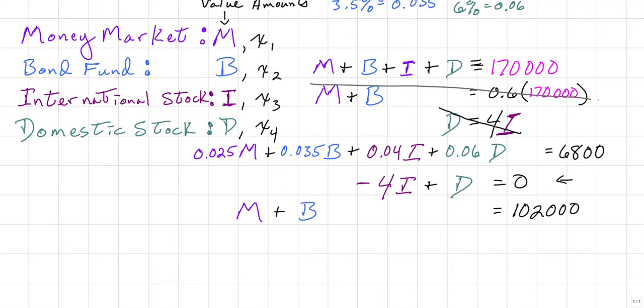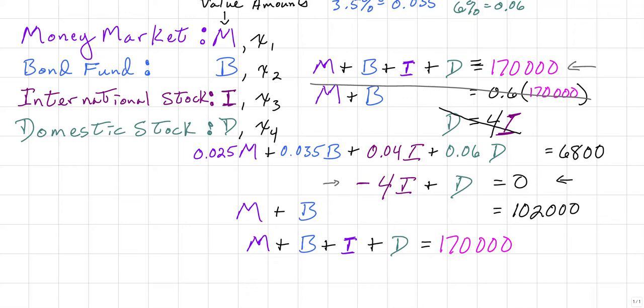And I'm just going to go ahead and take this equation and rewrite it below the other equations so that they're all kind of together. And now we want to solve this. Now there's a couple of ways that we can do this. I can go back to this one and say, well, I could have left this as D equals 4I and then substituted 4I in everywhere I saw D in the other equations.